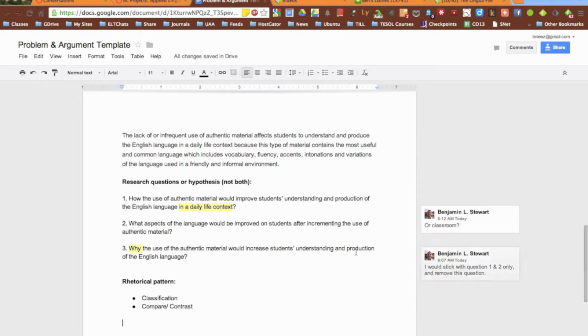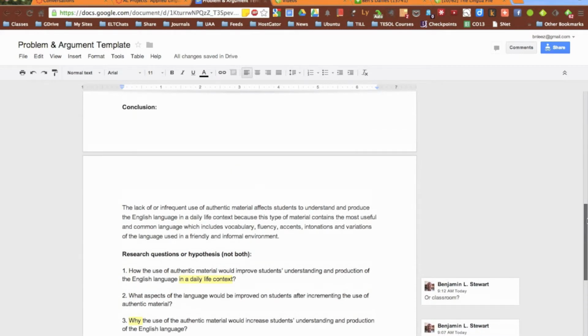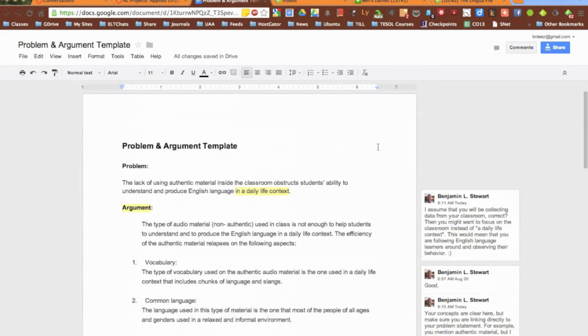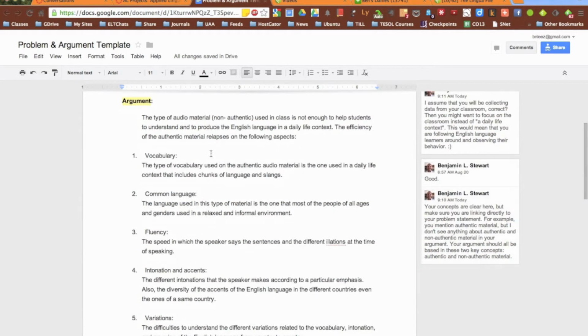So again, in this case we want to have research questions that relate to authentic material, which this first one does, and the second one does as well. So this is a good example in looking at key concepts, specifically authentic material. The only change I would recommend would be to the argument, perhaps looking at some of these key concepts and making sure that there's a tie into authentic material.